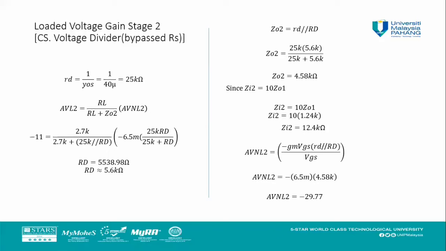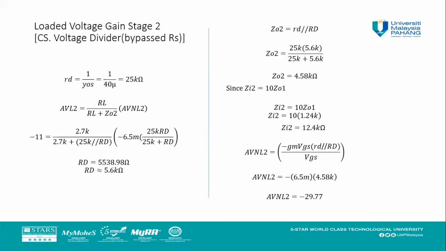Next we calculate Z out 2, which is RD parallel with RD, and we got 4.58 kilo ohms. Since Z in 2 is equal to 10 Z out 1, we multiply Z out 1 by 10 and get Z in 2 equal to 12.4 kilo ohms.